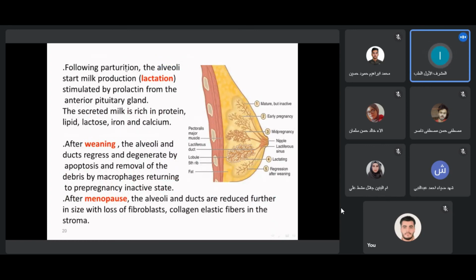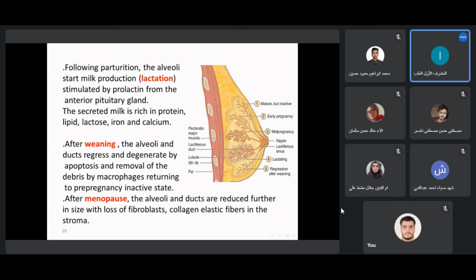After labor, parturition, the alveoli will start milk production under the influence of prolactin hormone, and this secreted milk is rich in nutrients: protein, lipid, lactose, in addition to other elements, iron and calcium. This is important to provide proper nutrition for the newborn baby.